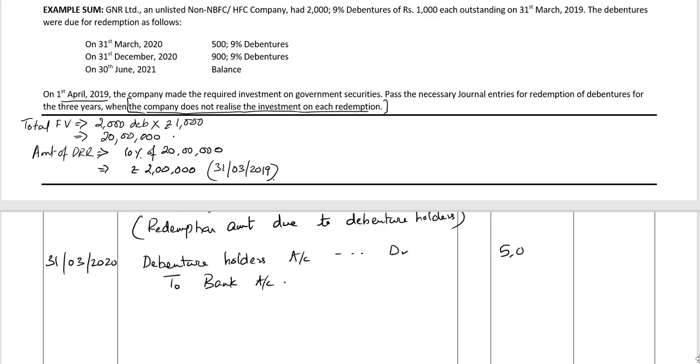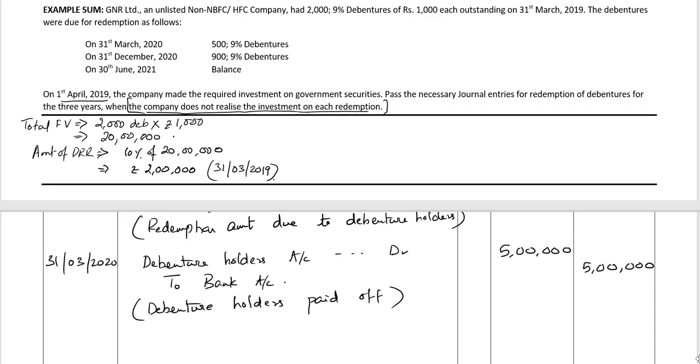Amount paid off 5 lakh rupees. Debenture holders paid off. Now the first installment of rupees 5 lakh face value of debentures has been redeemed.